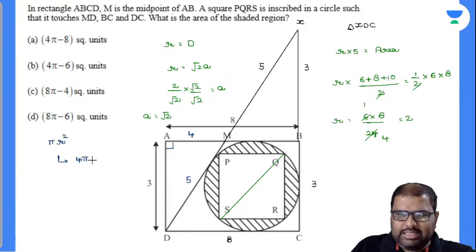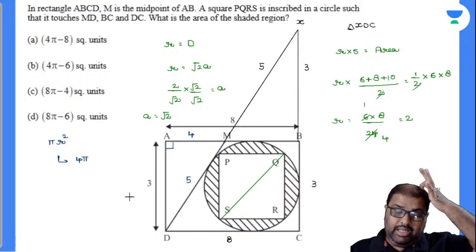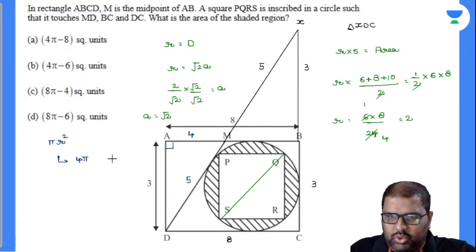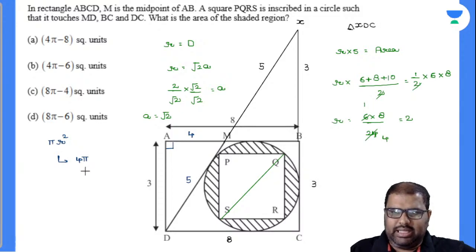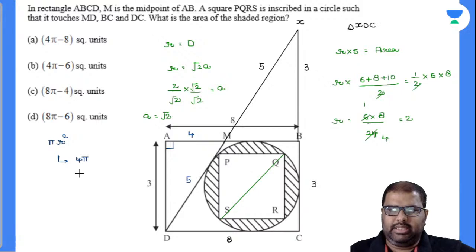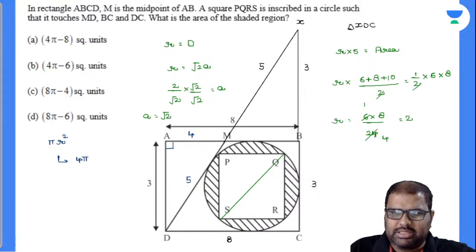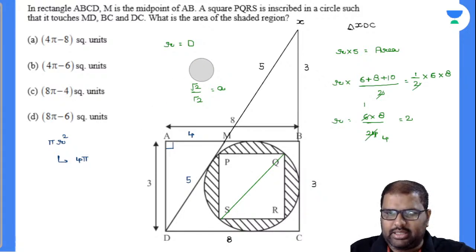Now, what is the area of the square? Area of the square, A is root 2 minus... Did I miss out anything there? Did I miss out anything there? Diagonal. Hey, beta, right? This is the radius. Diameter, sorry. I missed out a value here. So I'll be writing down like this.